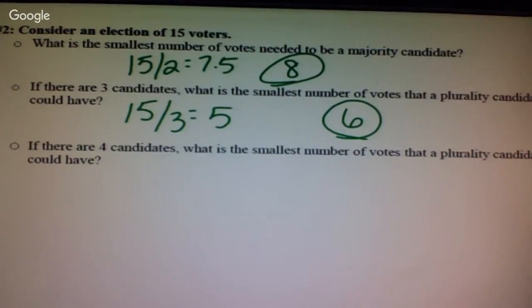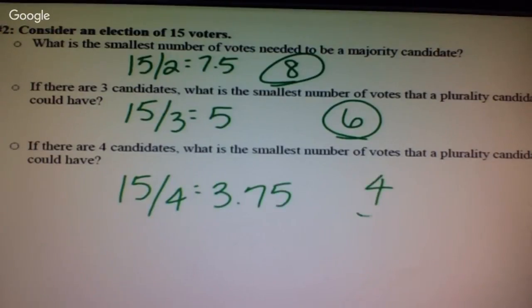It's going to be 4. You get 3.75? All right, so you're going to need 4. Any questions on how to find your smallest number?